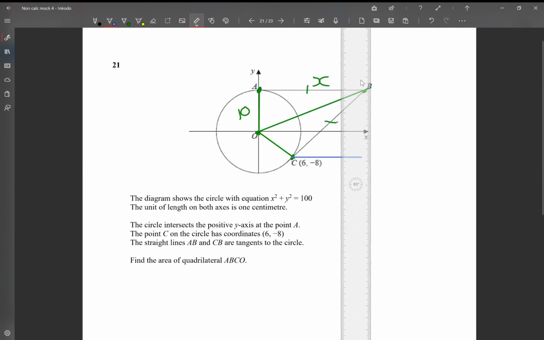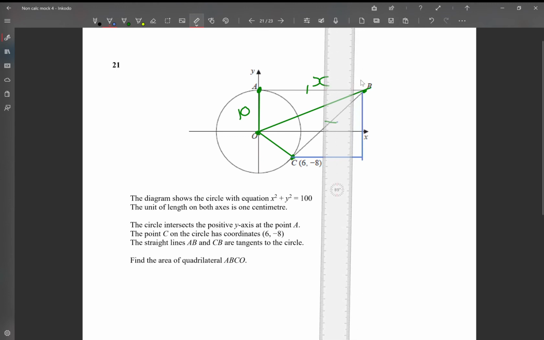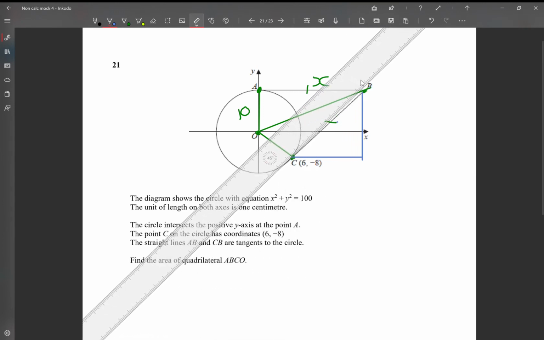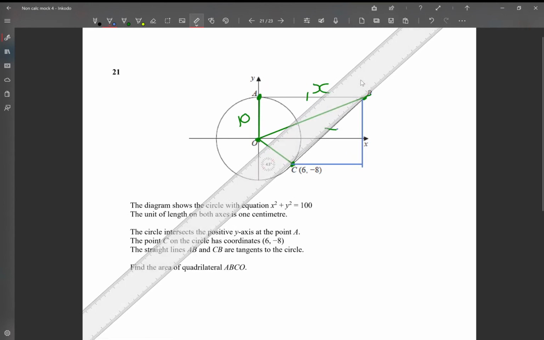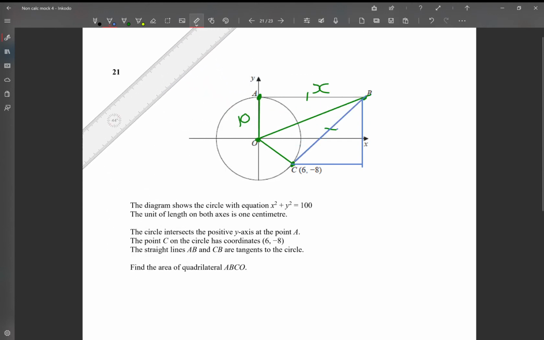So a few things to note here: this bit, B to C, is the same as A to B, so I'm going to call that x as well. But this time it's the hypotenuse of this particular triangle.